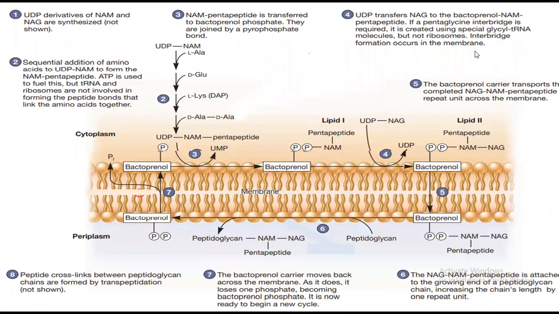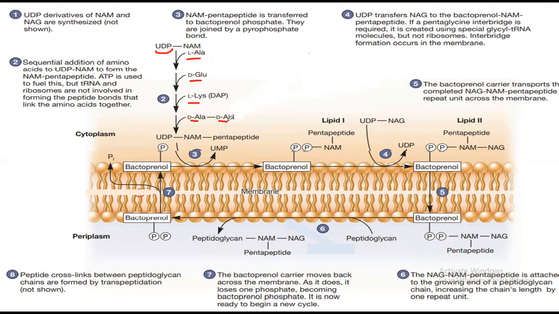What really happens is that N-acetylmuramic acid binds to this UDP, and this UDP guides it across the cytoplasm. With the help of different enzymes, first this L-alanine binds to the N-acetylmuramic acid. After that, the second step is that D-glutamic acid binds. After that, L-lysine binds, then D-alanine binds, and at the last, another D-alanine binds. So these are all amino acids, and they bind to each other step by step.